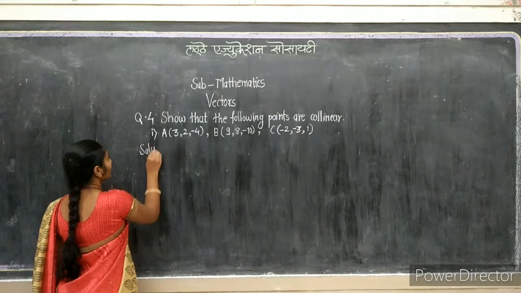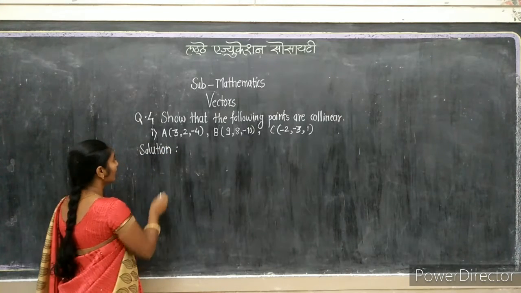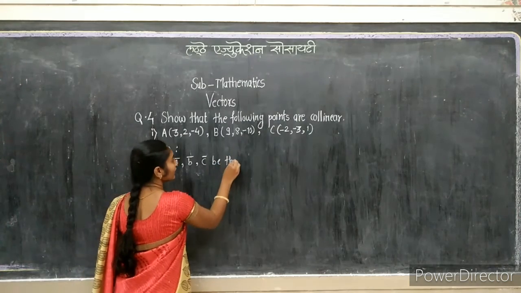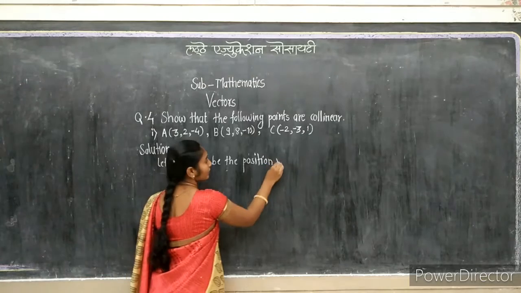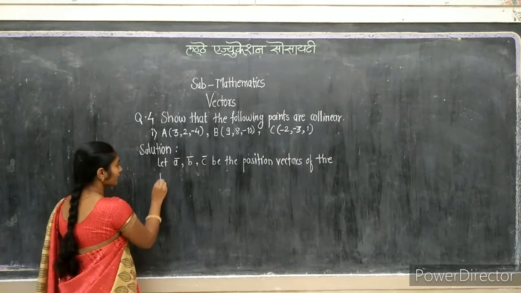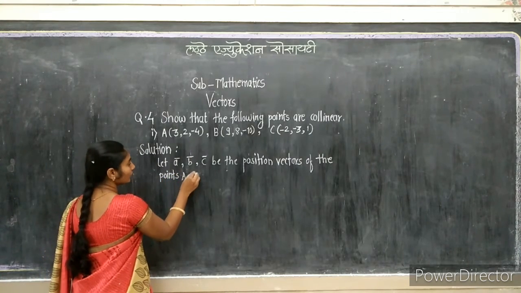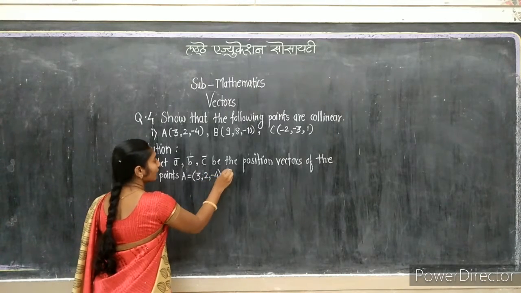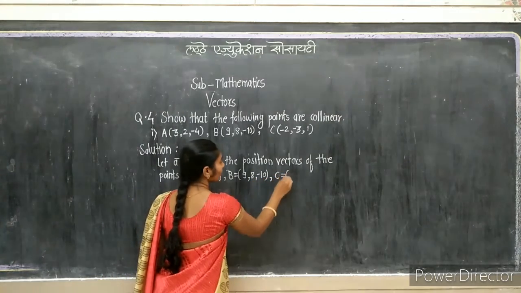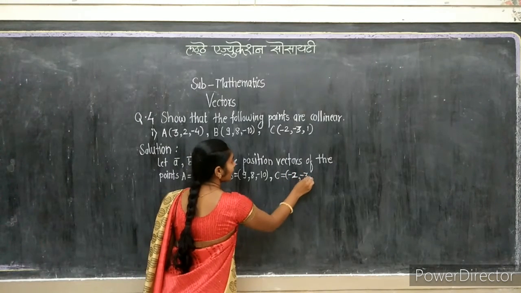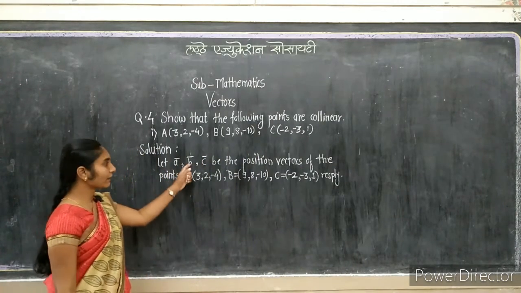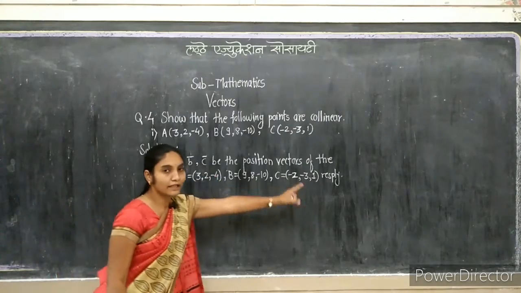Solution. Let A bar, B bar, C bar be the position vectors of the points A = (3, 2, -4), B = (9, 8, -10) and C = (-2, -3, 1) respectively.